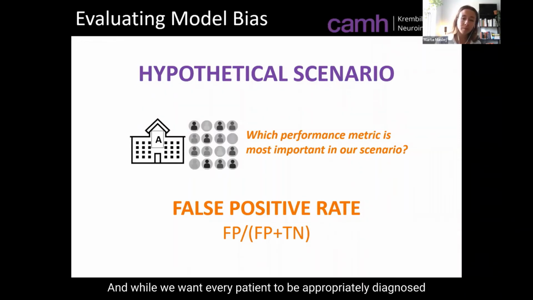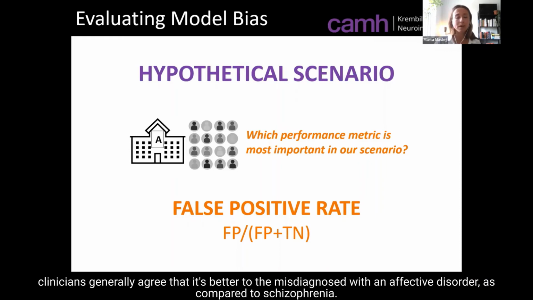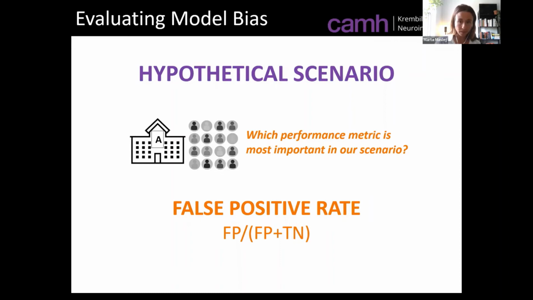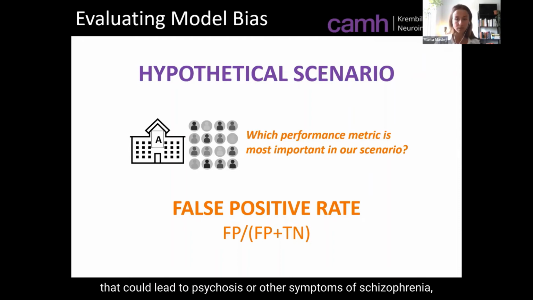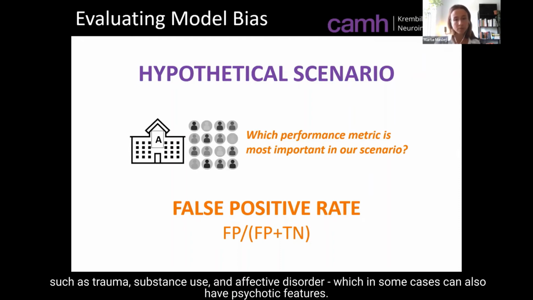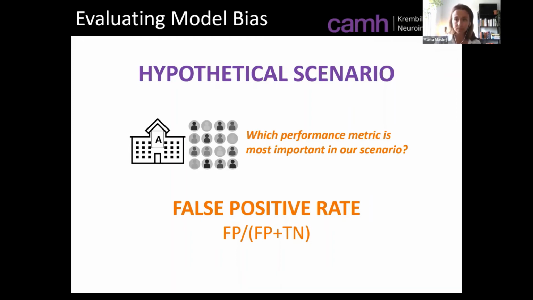And while we want every patient to be appropriately diagnosed, clinicians generally agree that it's better to be misdiagnosed with an affective disorder as compared to schizophrenia. And indeed, when diagnosing patients, clinicians tend to rule out any factors that could lead to psychosis or other symptoms of schizophrenia, such as trauma, substance use, and affective disorder, which in some cases can also have psychotic features.